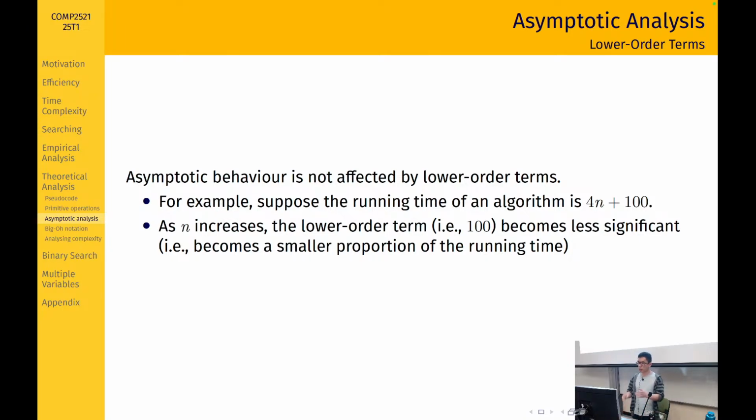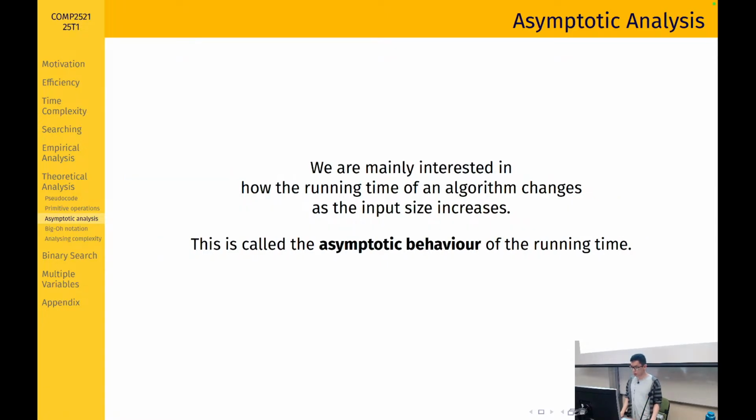One point that we want to make for asymptotic analysis is that lower order terms don't affect the asymptotic behavior of the algorithm. Remember, the asymptotic behavior is how the running time changes as the input size increases.